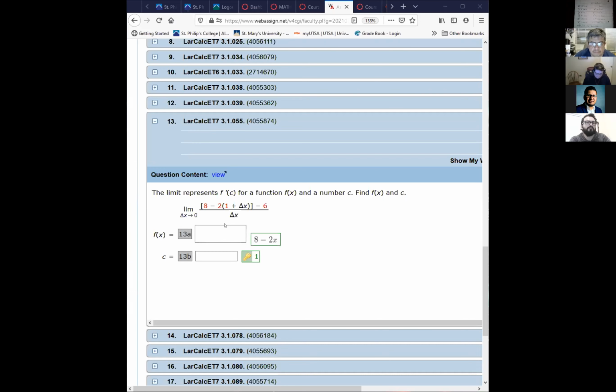That's where I was getting thrown off. I don't like using the delta x because it gets confused with x. So if you substituted it for something like g or h, it would be a little bit easier to follow.